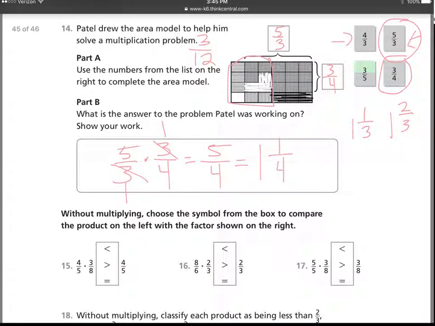So I have one entire box shaded area-wise, that's the 1, and 3 left out of 12 if I were able to take these 3 out and put them here. And 3/12 is really equal to 1/4, so we can now see that 1 1/4 is correct. Here's my 1, and here's my 1/4 right here. So you could see it visually if you're able to pull the boxes out and put them in a different spot.